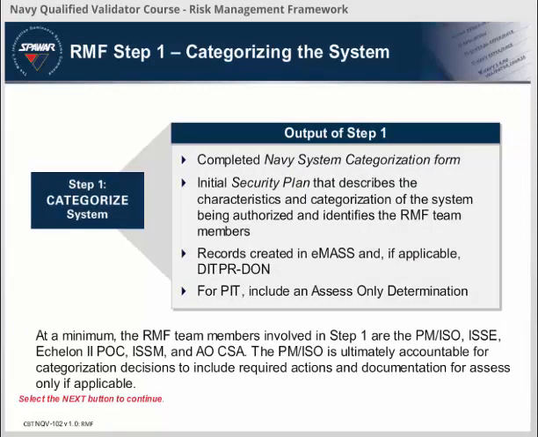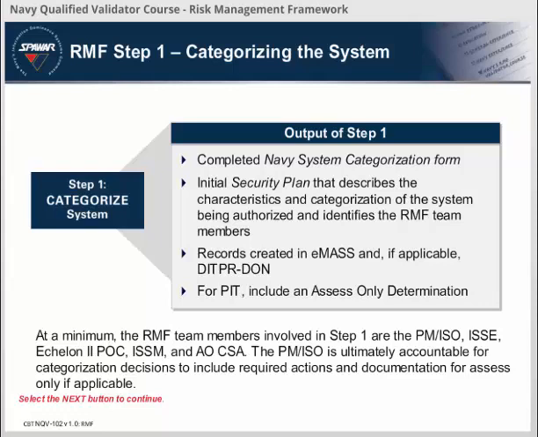The key RMF Step 1 activity is to categorize the system in order to accurately identify the baseline set of applicable security controls. To do this, the ISSE, Information Owner, and Echelon 2 POC, with the support of the ISSM, must determine impact values for the information types processed, stored, transmitted, or protected by the information system, and use those impact values and the system's mission requirements to determine the final security categorization for the system.